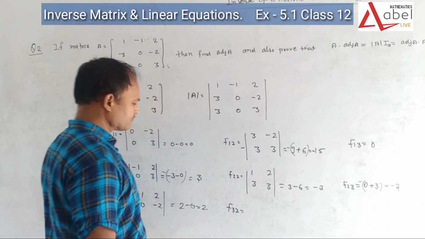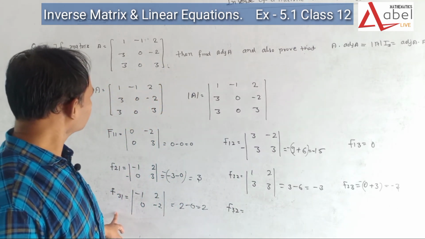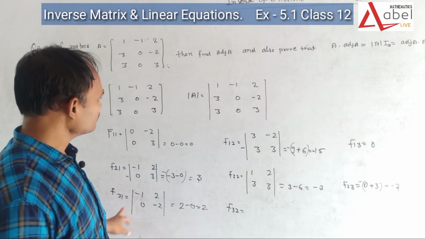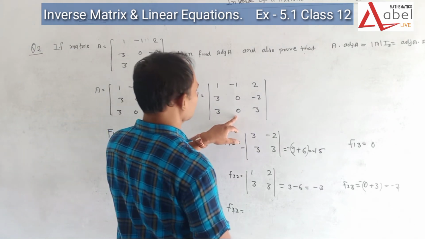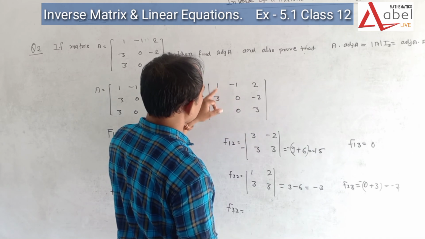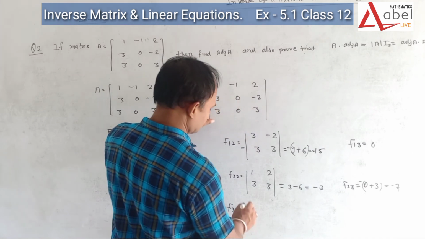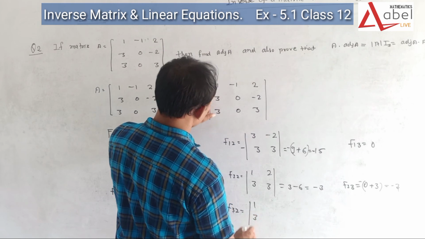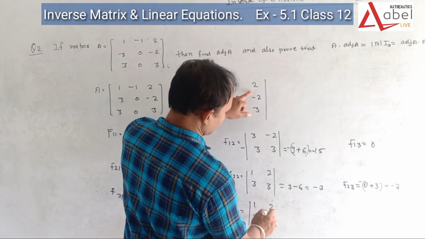Now F32, what is F32? F32 means we are going to find it with respect to it, so we are going to remove this and this, so it is 1 3 1 3 and it is 2 and minus 2.